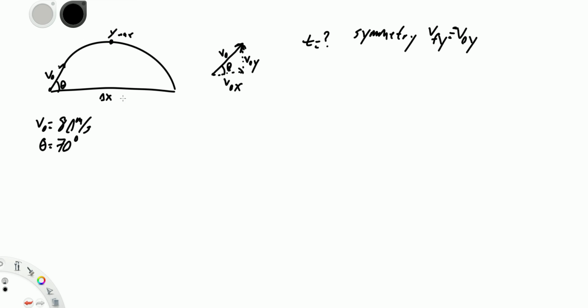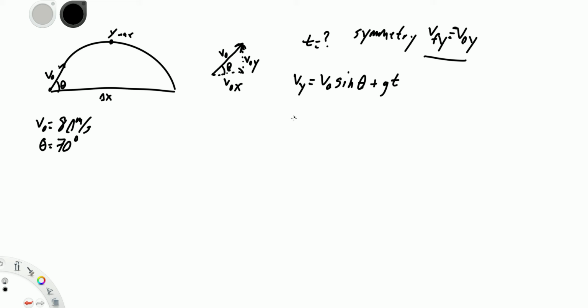Alright, so if we look down, the easiest way to get time is Vy equals V naught sine of the angle plus GT. We know this, we know this, we know this, and we can make assumptions about this Vy at the end of the flight here.